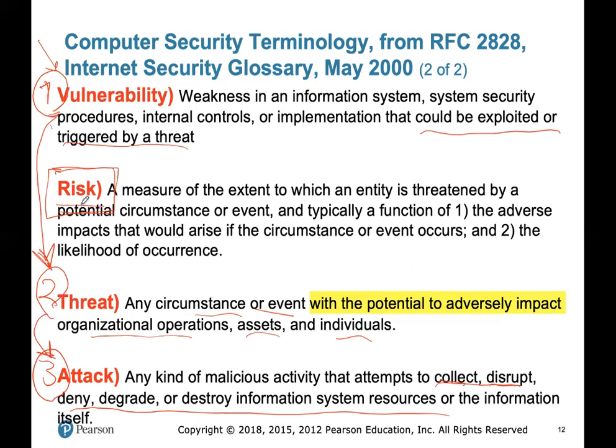Typically, when we talk about risks, we are talking about two things, or risks are function of two things. First one is the adverse impacts that would arise if that risk changes into threat and then to attacks. And then, what are the outcomes of that circumstance or that vulnerability or threat?